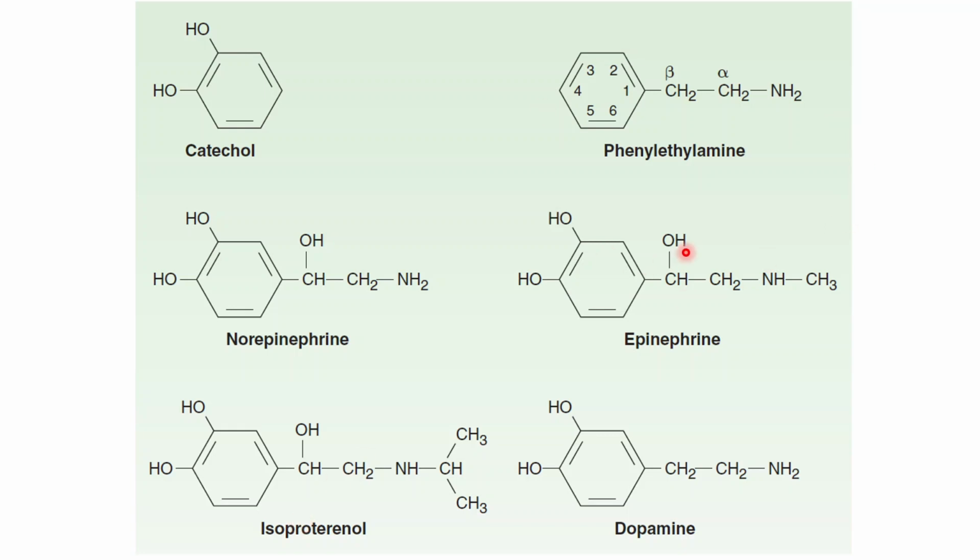Phenylethylamine is the parent compound from which the sympathomimetic drugs are derived. This compound consists of a benzene ring with the ethylamine side chain.